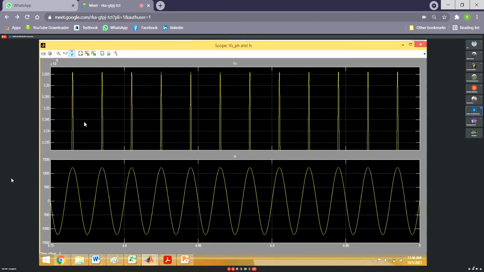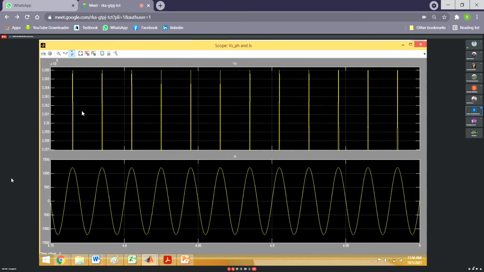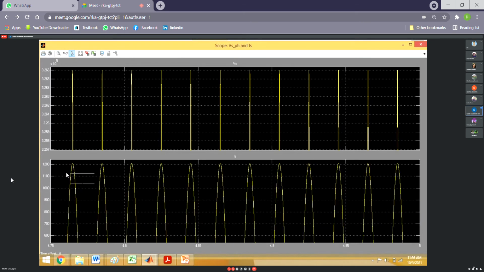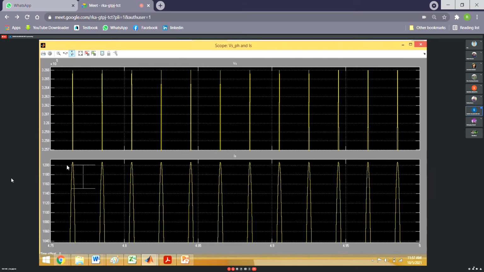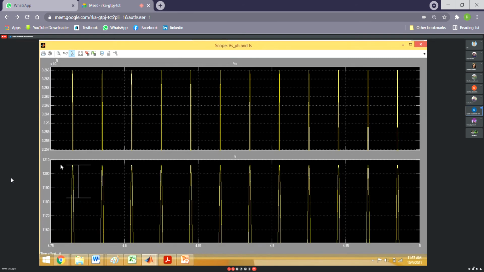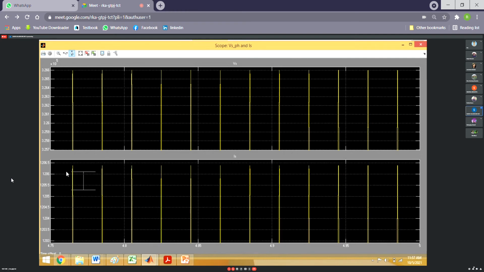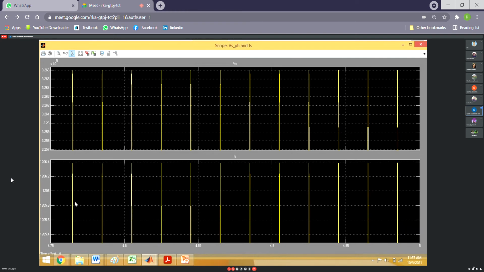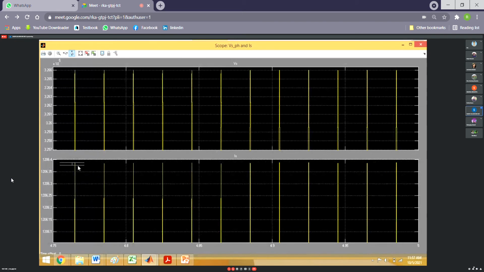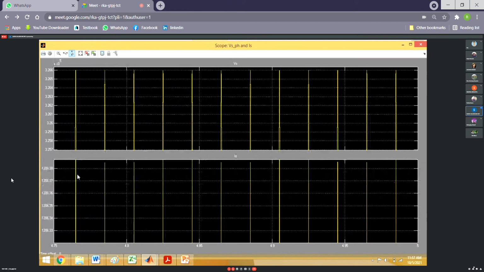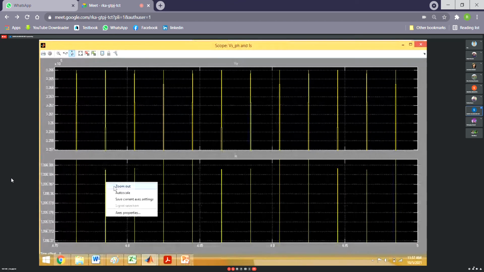3.266, right? For current, you see it is more or less 1206.4. Can you see?